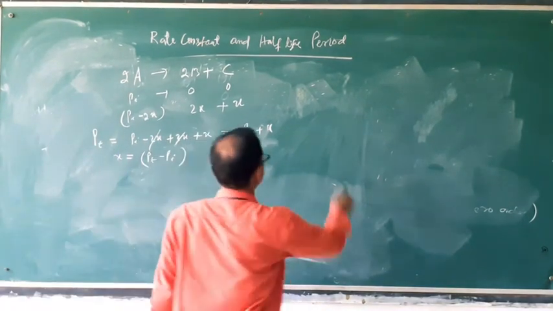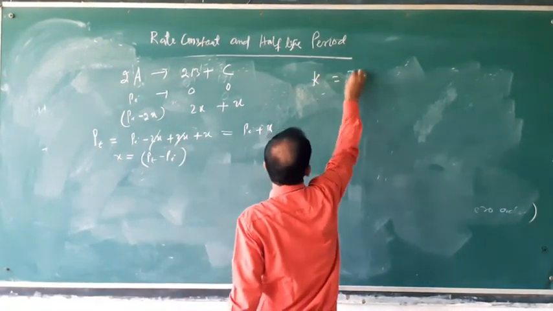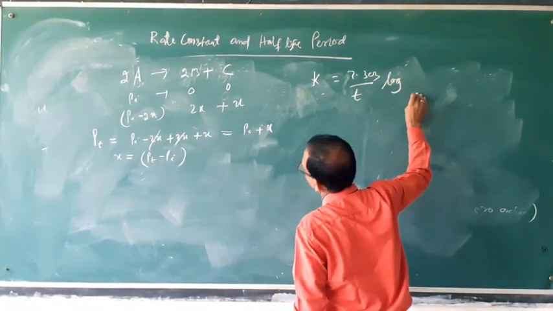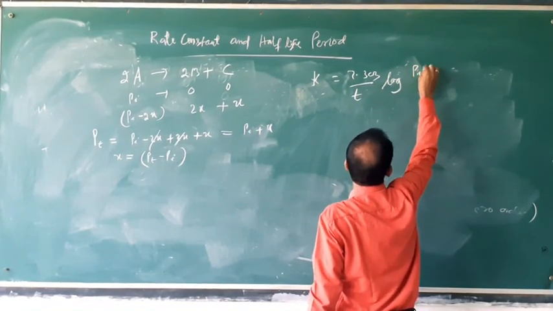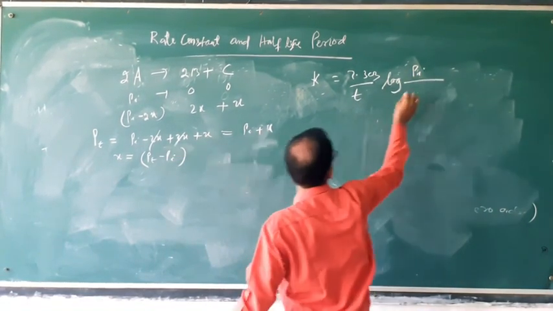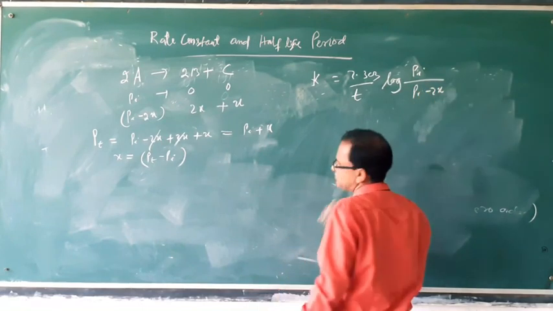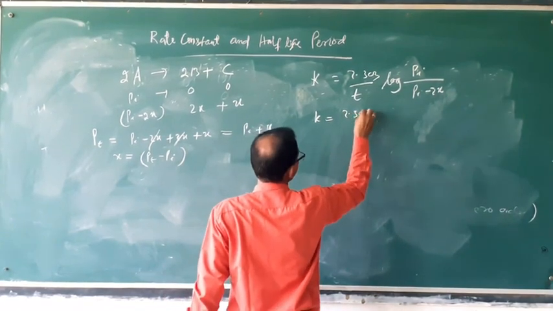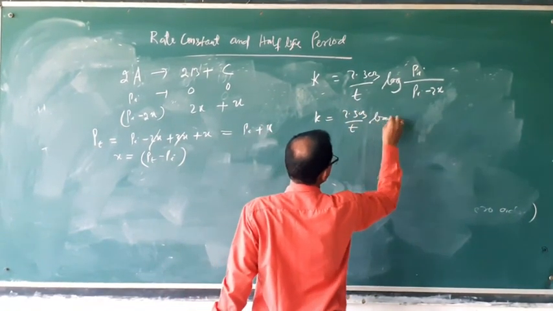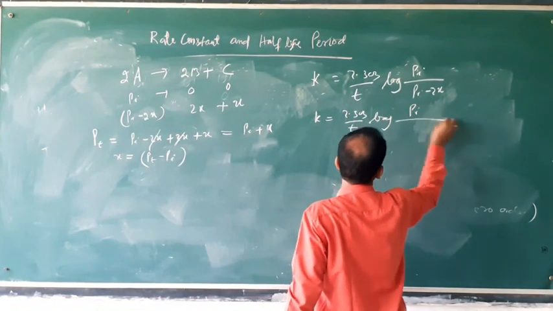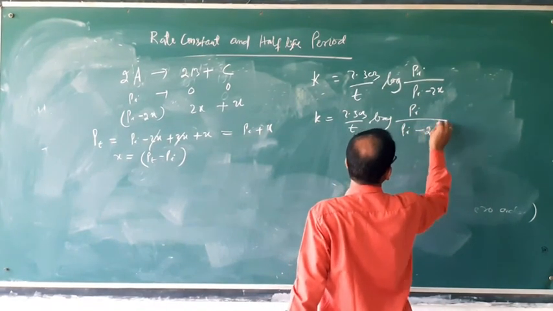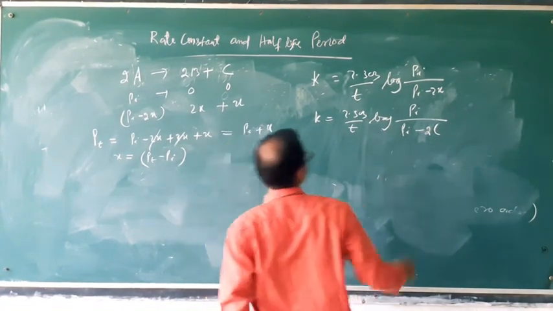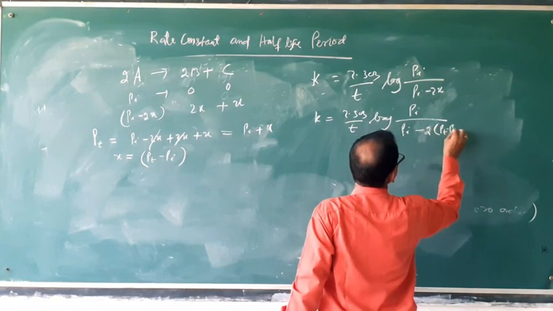We are expressing first order, so K is equal to 2.303 by t log Pi upon Pi minus 2x. Put the value of x, which is PT minus Pi.